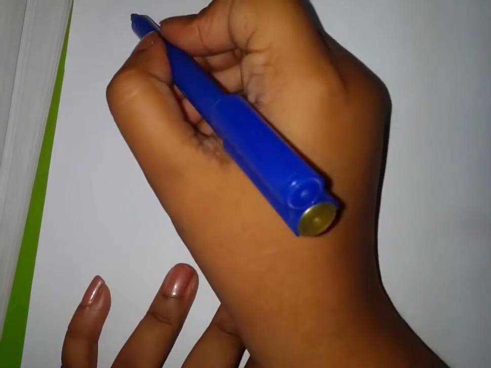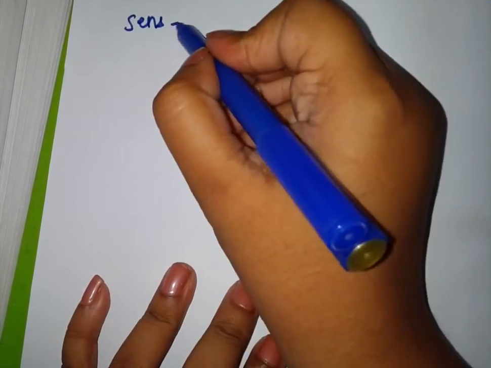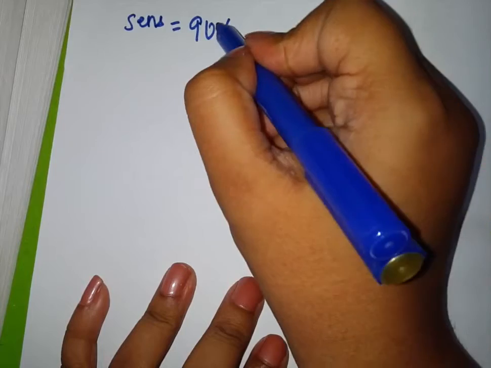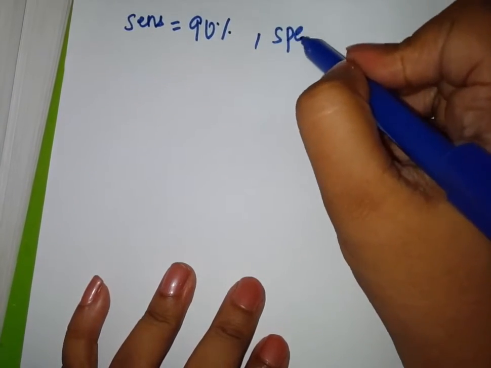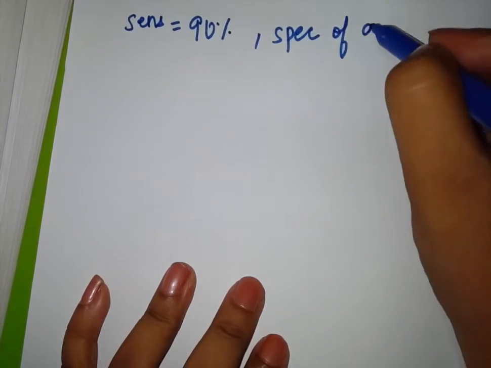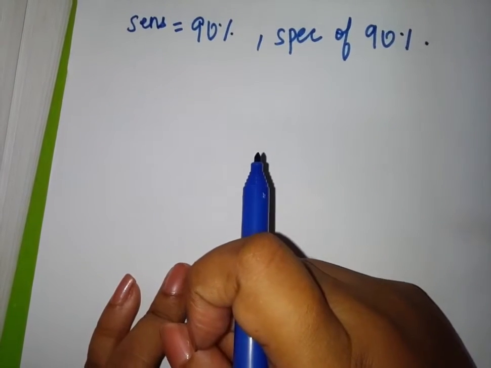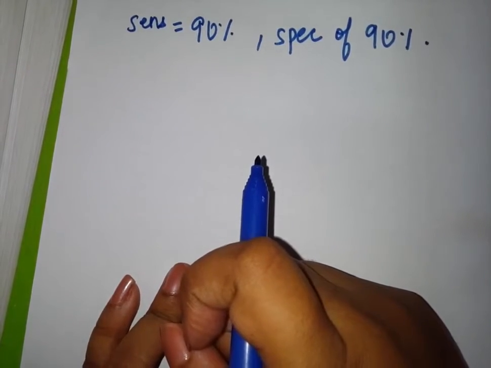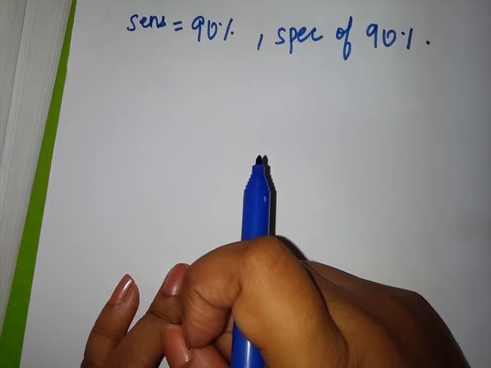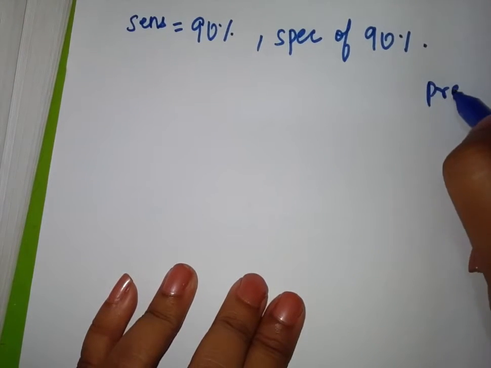A diagnostic test for a particular disease has a sensitivity of 90% and specificity of 90%. A single test is applied in the population in which the prevalence of the disease is 10%.